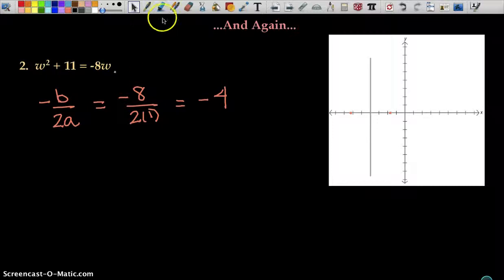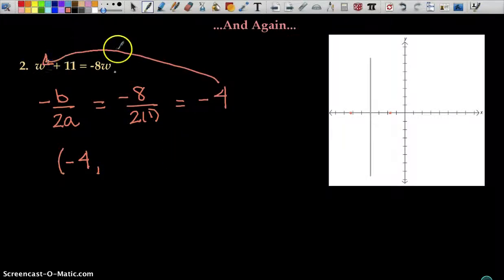Okay, so now that we know that negative 4 is our axis of symmetry, remember that's your x value of your vertex. Okay, so negative 4. So to find your y value, take that and plug it in for your variables. And remember, you want to put it into your standard form equation. Alright? So when we do that, you're always plugging in using parentheses.